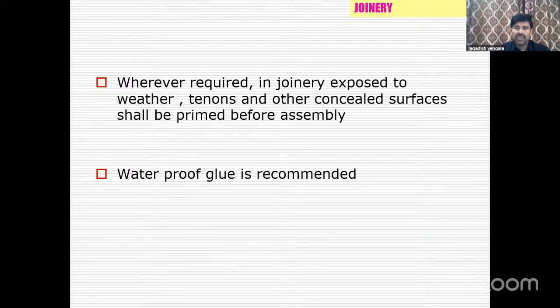This is one more very important thing. When these joineries are exposed to the outside weather, there will be alternate wetting and drying. Hence, make sure the surfaces are concealed and properly prime coated. Even the nuts and bolts are given proper treatment. Waterproof glue is recommended.